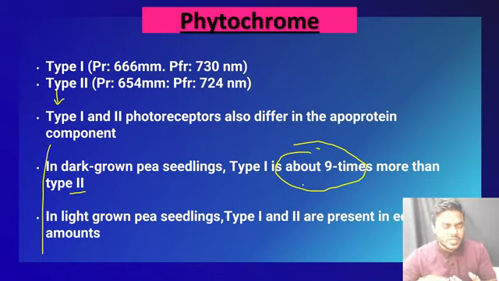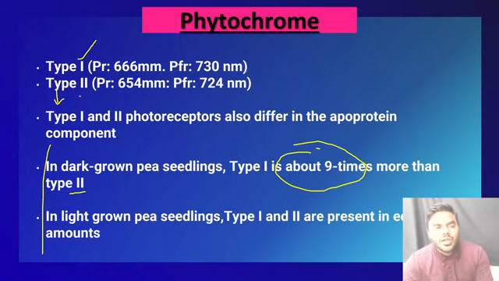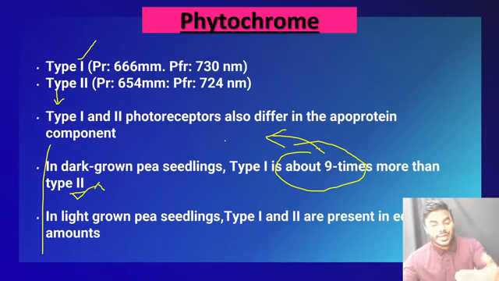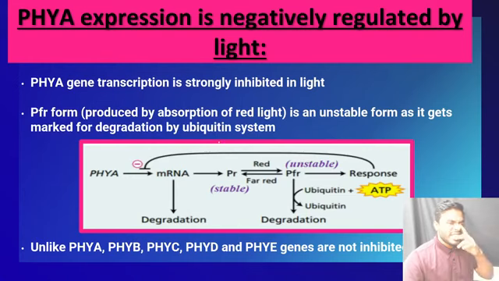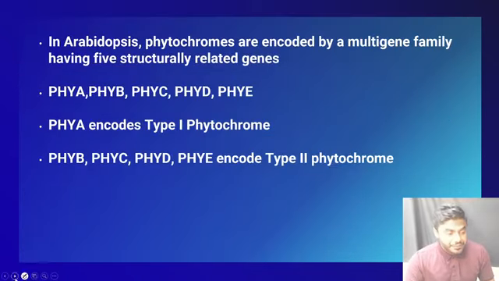Sorry, I said it the opposite way earlier. Type 1 can survive in the absence of light for a longer time, but not type 2. That's why in the dark grown pea seedling, type 1 is more in number, whereas type 2 is less in number. In light grown, of course, type 1 and type 2 are present in equal amounts.